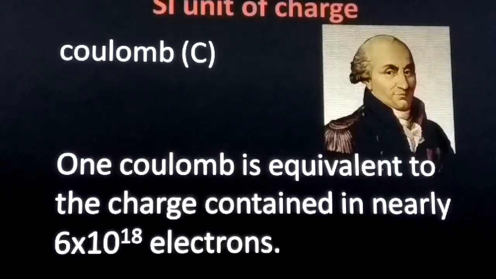Okay students, now we shall see the definition of 1 Coulomb. 1 Coulomb is equivalent to the charge contained in nearly 6 into 10 to the power of 18 electrons.